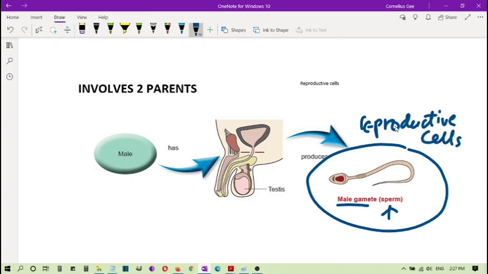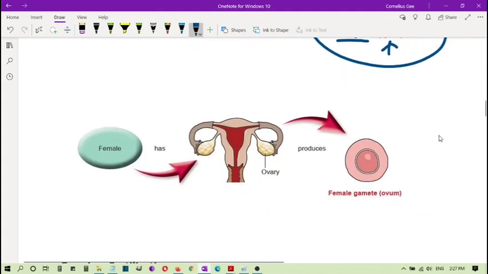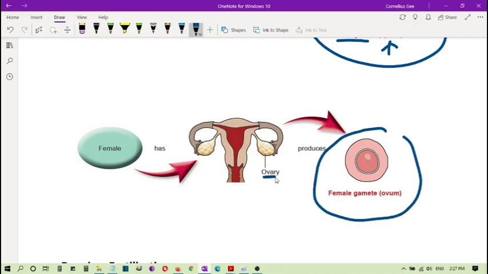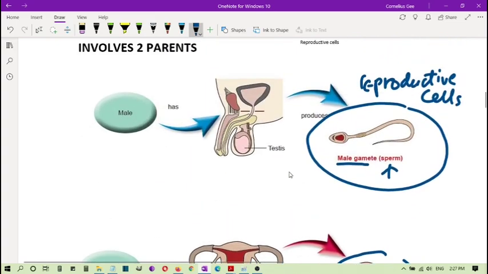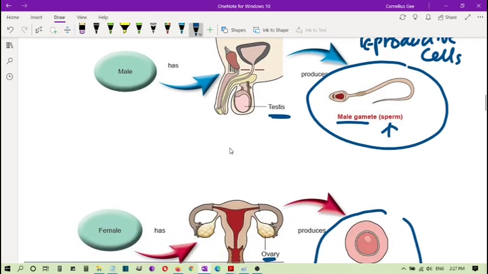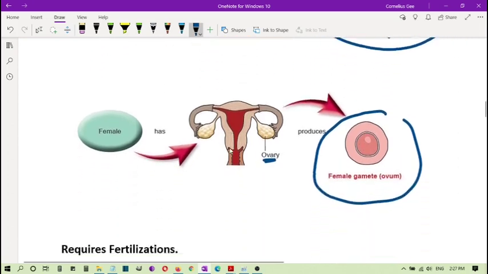The female reproductive cell is known as the ovum, and this comes from the ovary. For the male, I forgot to mention, the sperm comes from the testes. So you have male and female parents in sexual reproduction.